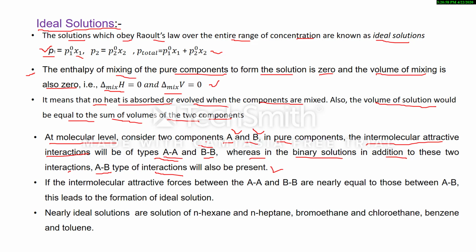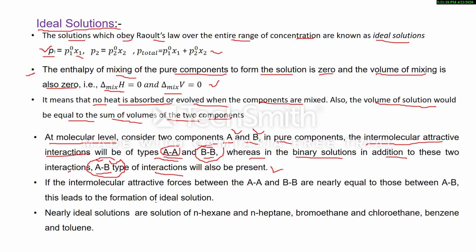Now, when we mix these two, some new interactions will also arise, that is the interaction between solute and solvent. If this interaction between solute and solvent is similar to the solute-solute interaction and solvent-solvent interaction, then this is called an ideal solution.